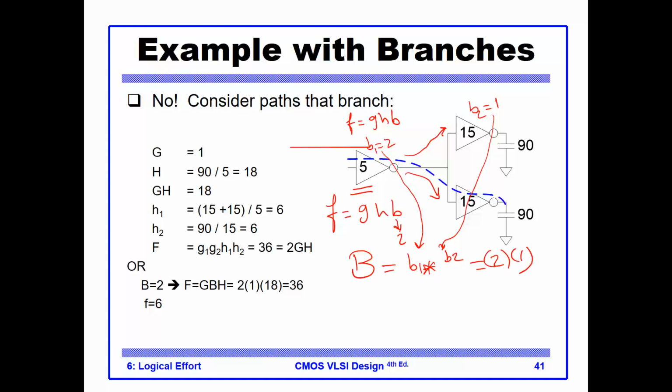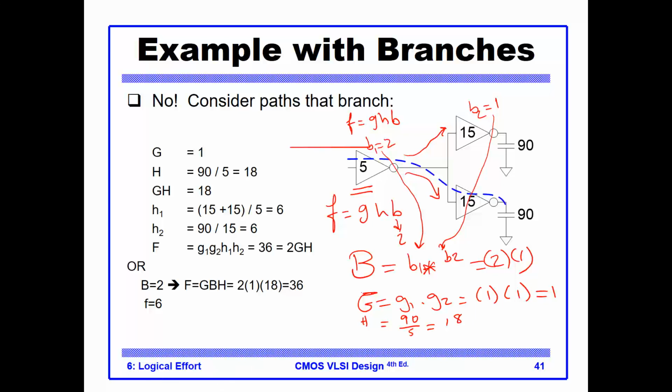Now I may compute the G for this path. It is G1 times G2, which is 1 times 1, because both are inverters, and H equals 90 divided by 5, which equals 18.